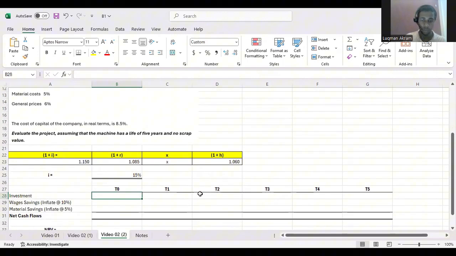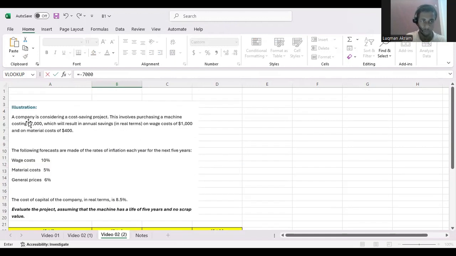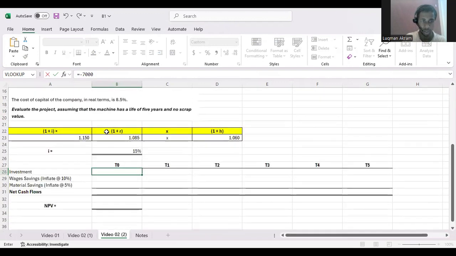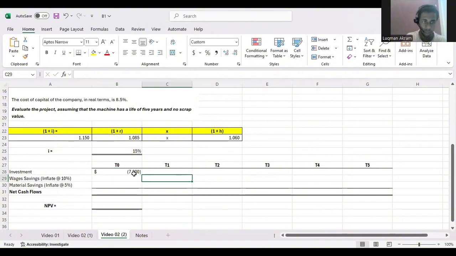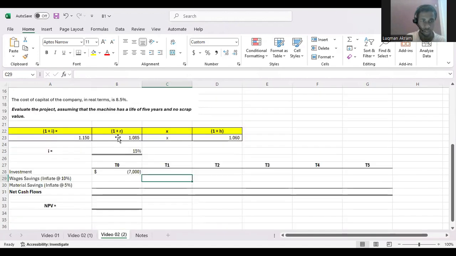Now we have to find the cash flows. We would have a cash outflow at the beginning as we would be investing in a machine costing $7,000. So the investment would be negative 7,000. And then in year 1, we would have a cost saving of 1,000 for wages and 400 for materials. Let's start with wages first.